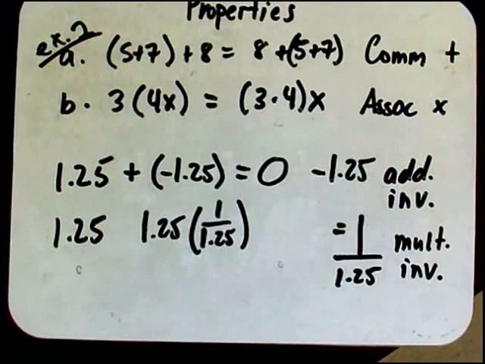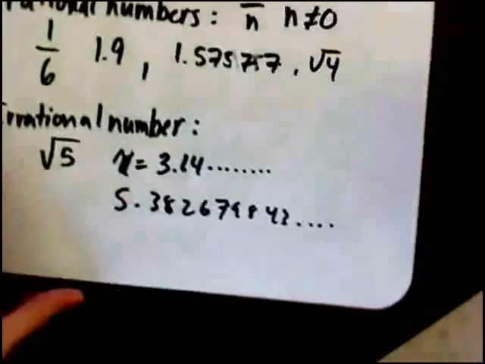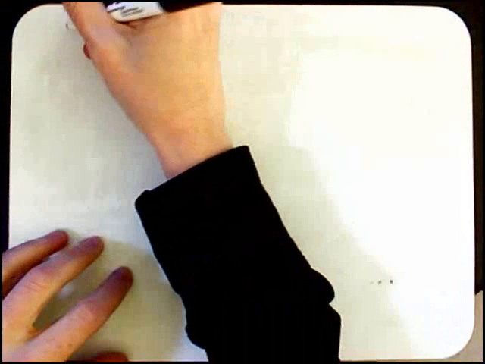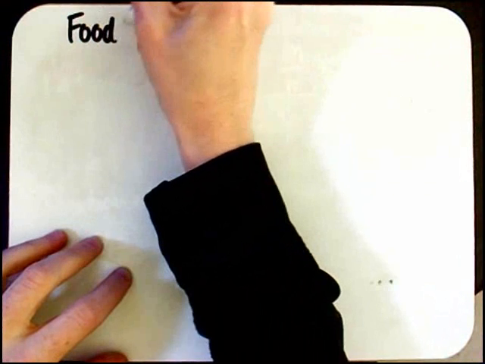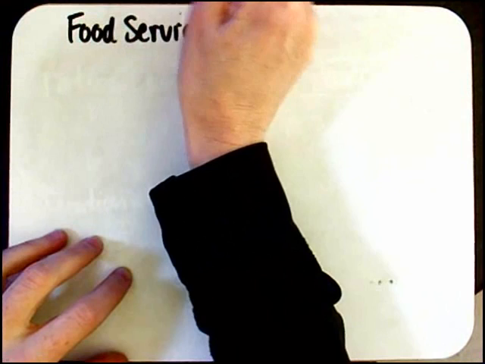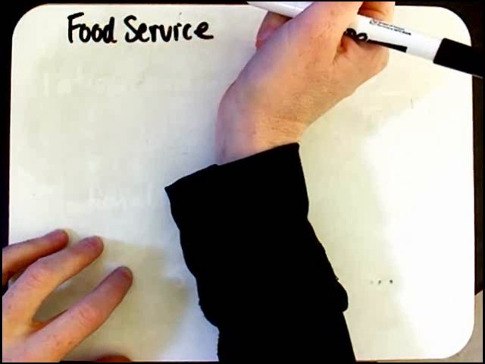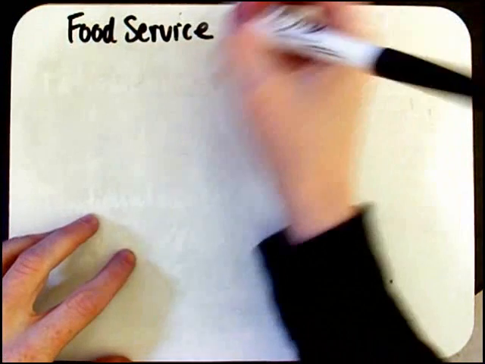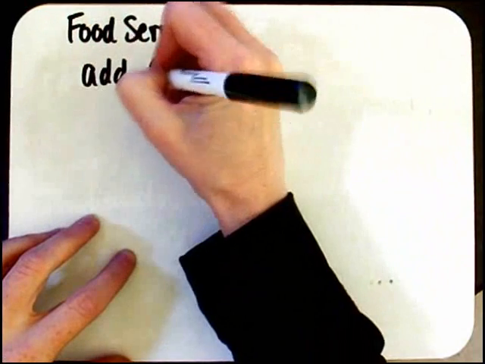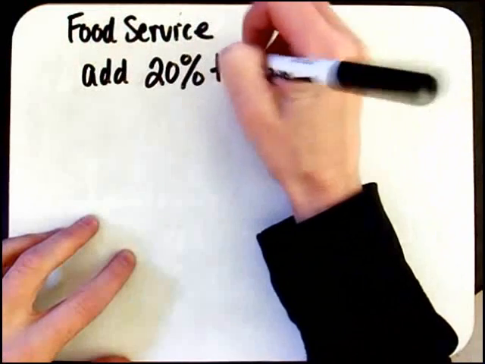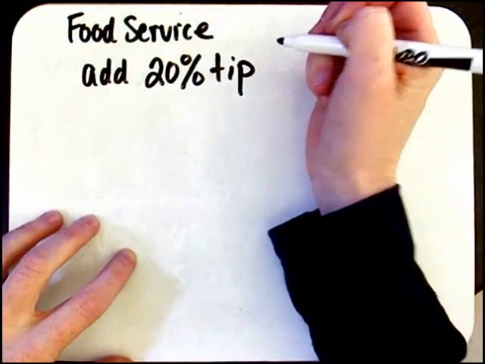So please turn your book now to page 14. Page 14 is very tough, but now we're going to talk about the distributive property. Okay, so this one is a word problem. We're talking about food service this time. It says a restaurant adds 20% tip to the bills of parties of 6 or more people.